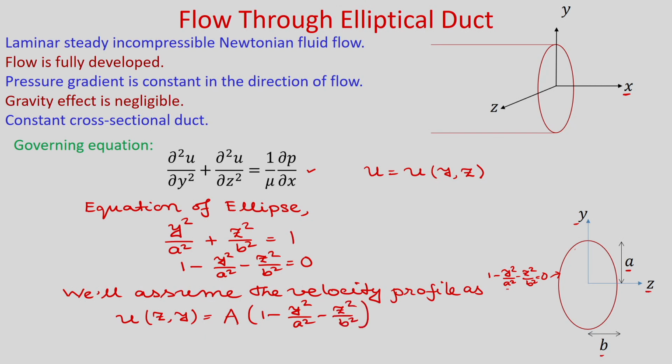From here you can see that the velocity profile clearly satisfies the no slip condition at the tube walls, because this term becomes 0 at the wall.